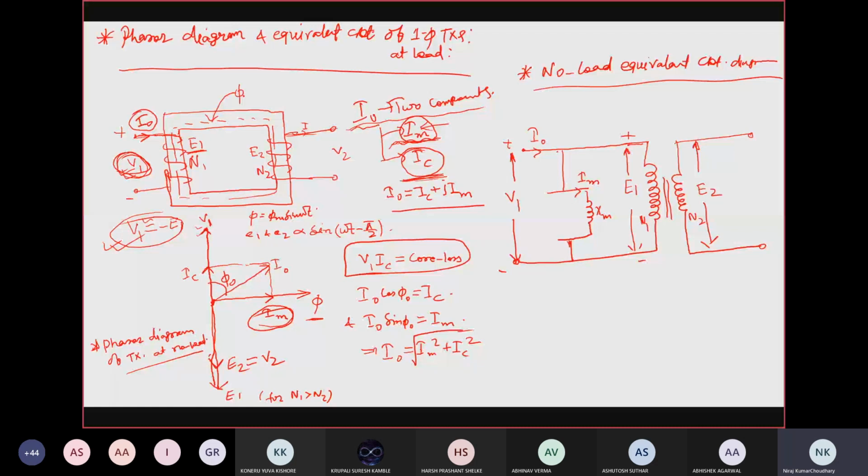And also you can understand in this way that ये जो है तुम्हारा there is 0 degree phase difference between V1 and IC. So since it is a resistive current, therefore we will have to represent it flowing through a resistor. This is IC and this is your I naught, right?